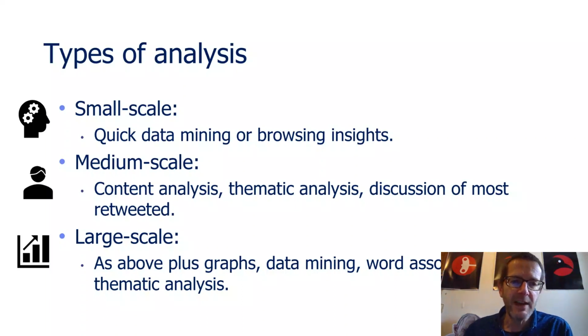And on a large scale, you could do any of these, but you can also use data mining approaches and word association mining, as we've discussed specifically in this course. And there's a follow-up course on word association thematic analysis, which is an extension of that. The amount of data you have limits the types of analyses that you can do, but in general, the more data you have, the better, deeper analysis you can run.